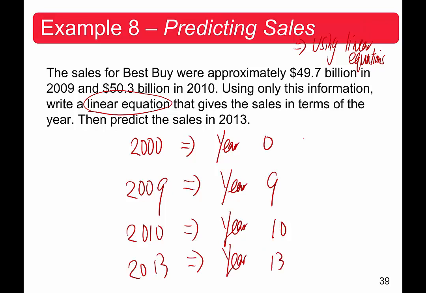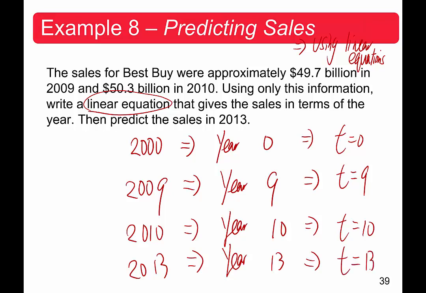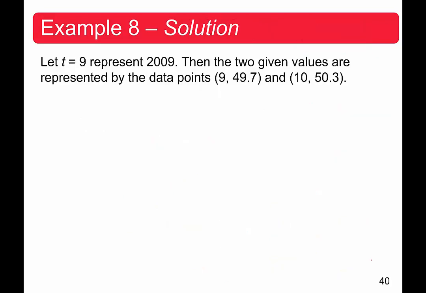Here, this time t is what we call the independent variable, or variable x. So t equals 0, t equals 9, t equals 10, t equals 13. This is a very important interpretation of the information given in the question. From there, we'll be able to come up with ordered pairs.